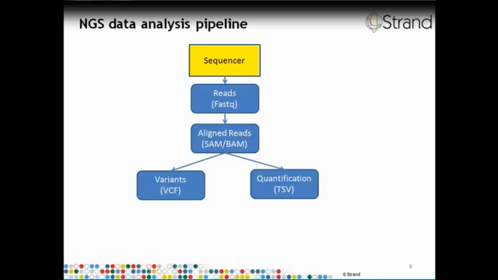Furthermore, if people want to start with the alignment itself, they can take the FASTQ files, import them into the alignment part of the tool, and carry out the alignment against the reference genome before carrying out the SNP detection or quantification steps. So as you can see, data can be imported from different parts of this particular pipeline.